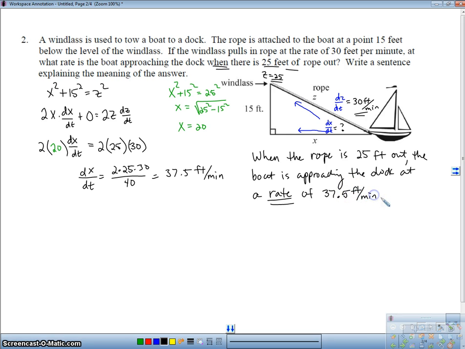I could also say the boat is getting closer to the shore or the dock at a rate of 37.5 feet per minute. But I want to make sure I put that word in, rate, okay?